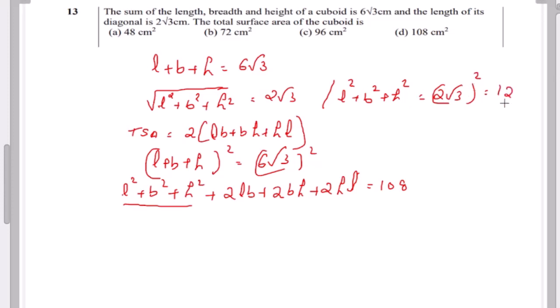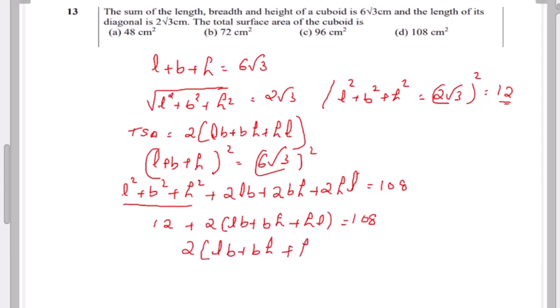So instead of L square plus B square plus H square, we put 12. 12 plus 2 into LB plus BH plus HL is equal to 108.